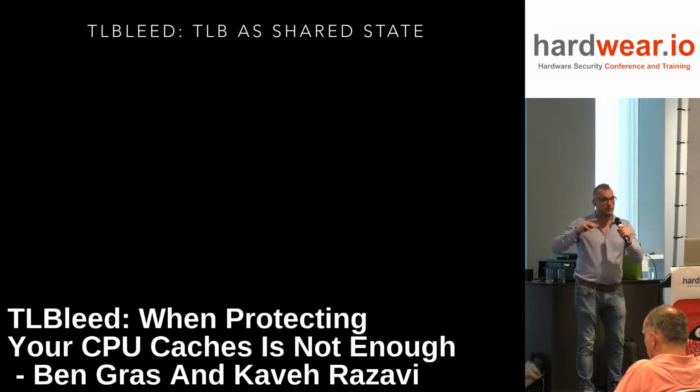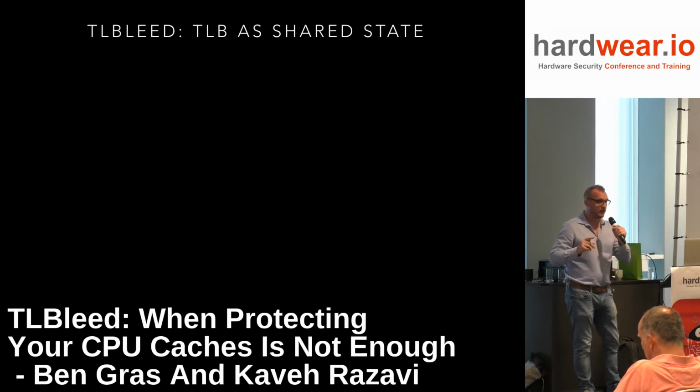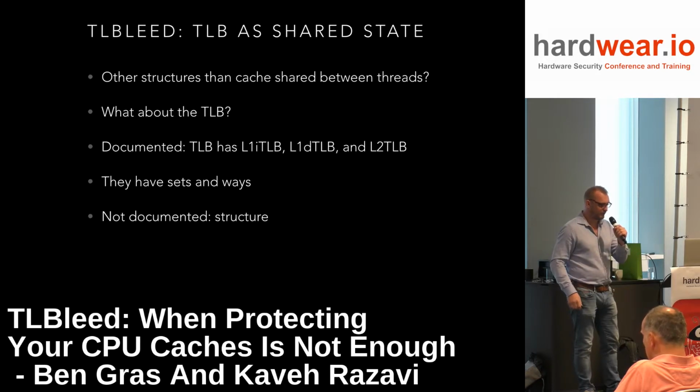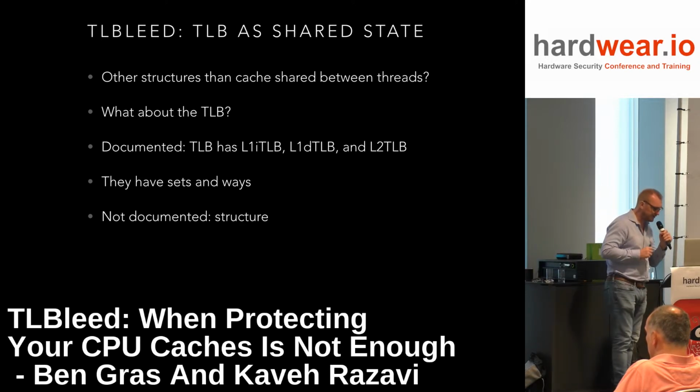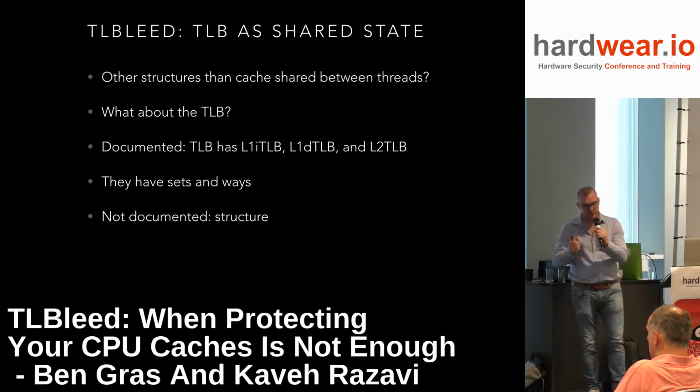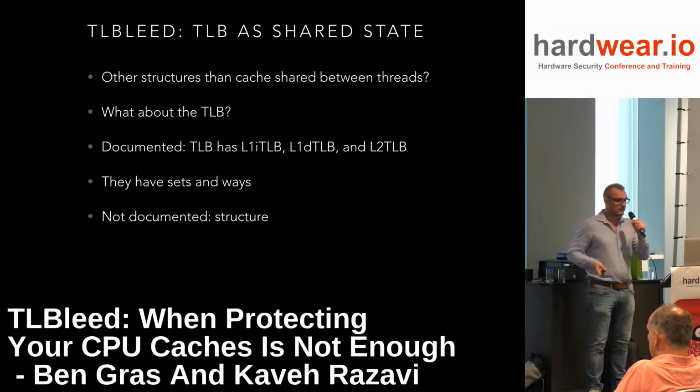So all these translations are cached very aggressively in a caching structure called the TLB. TLB is short for Translation Lookaside Buffer. So the CPU is constantly accessing the TLB because it constantly needs to translate from virtual addresses to physical addresses.